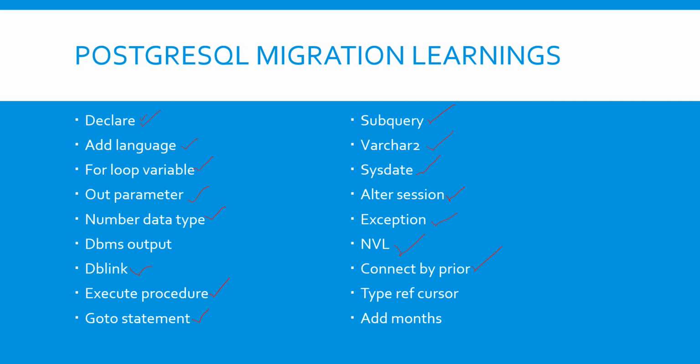And ref cursors: in Oracle we directly use type and also ref cursor variables, but here directly mention that variable and ref cursor. And add_months, this is a date function.